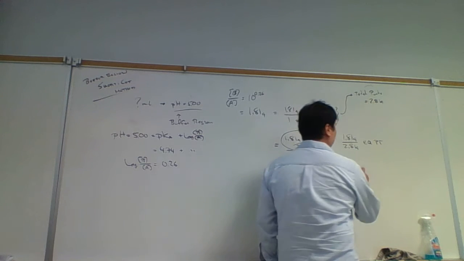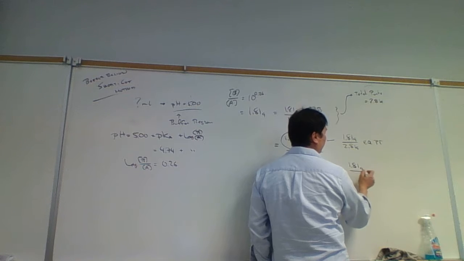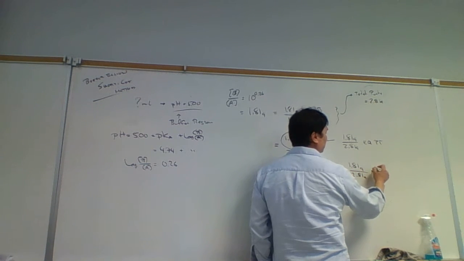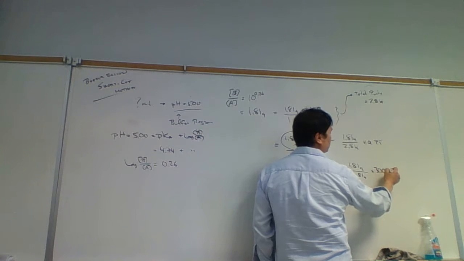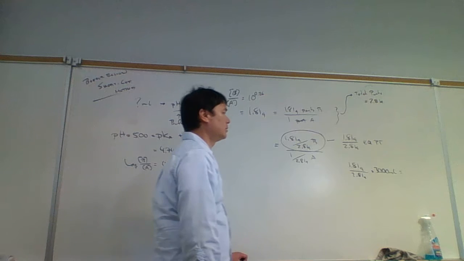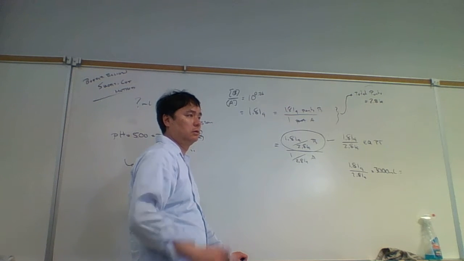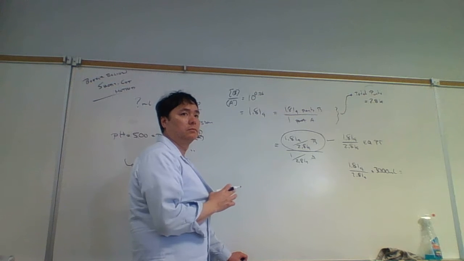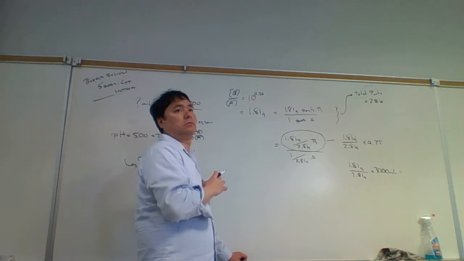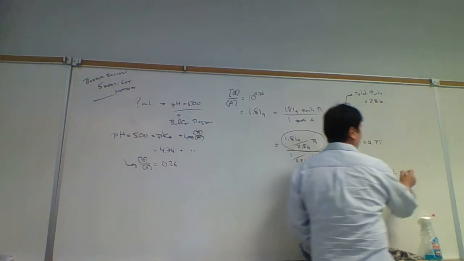Well, if we want to figure out the volume, then the fraction that was neutralized is 1.819 out of 2.819 times a total volume of 30.00 milliliters, which gives us how many milliliters to get to that pH? 19.36.